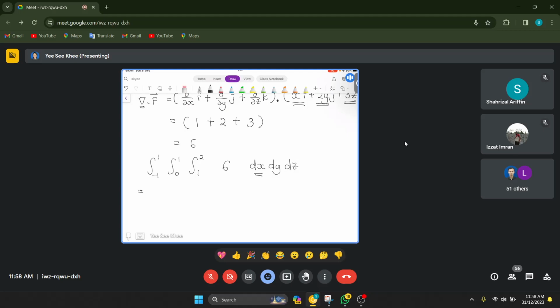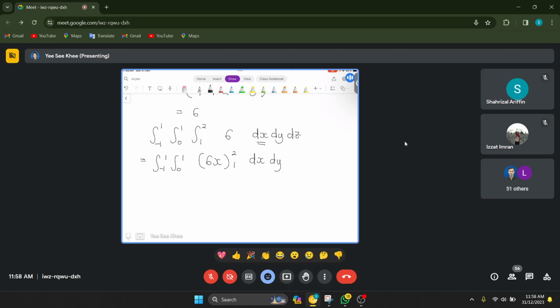So I think this triple integral is very simple, right? You can solve this easily, or you can press the calculator also, no problem. So it will be 6, dy dz. So what is left is 6, right?